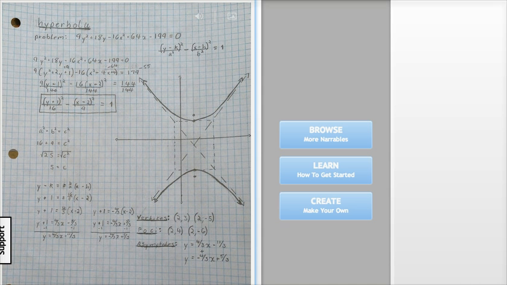Then we move the constant back over to the other side so that we have 1 on the right side, as our standard form is. And so we end up with what is in the box, which is our standard form for this hyperbola.